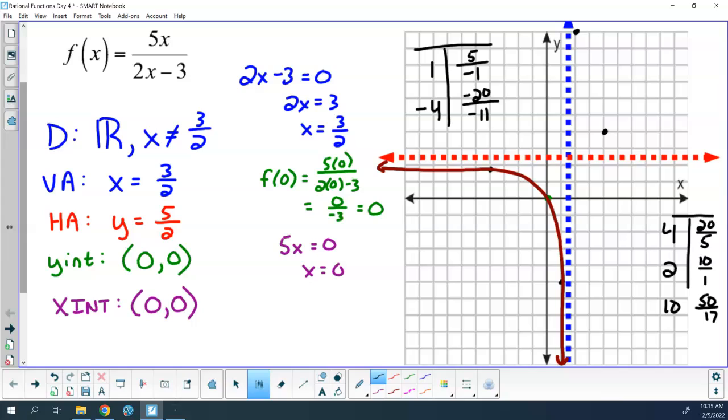So that's almost 3, because 17 times 3 is 51. So almost 2.99. So this side looks like that.